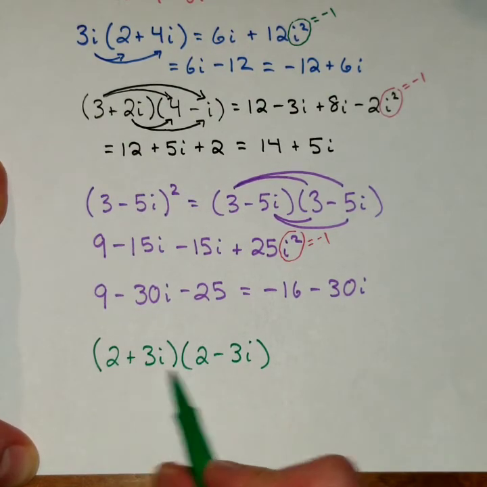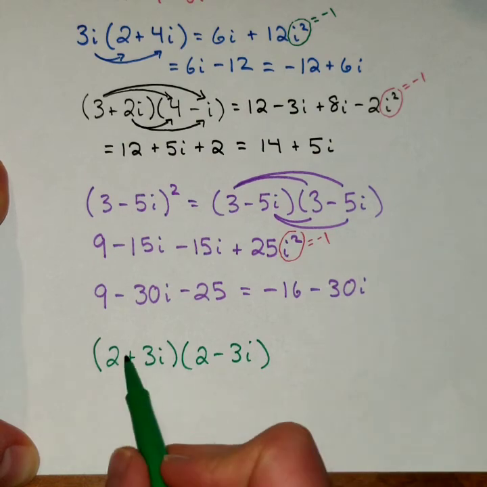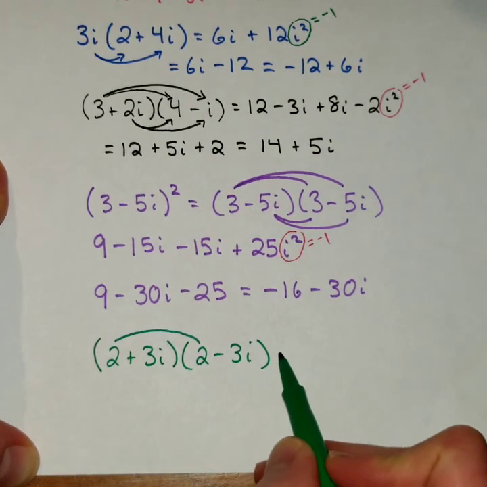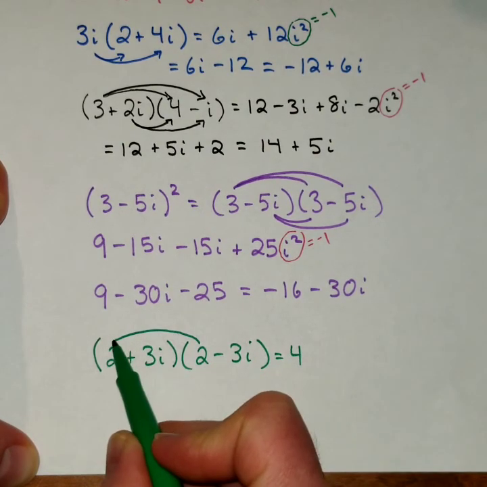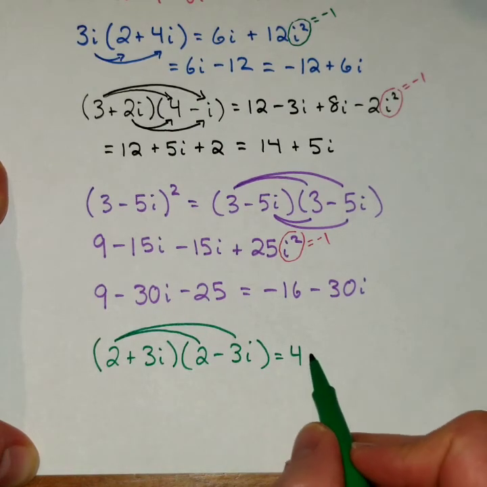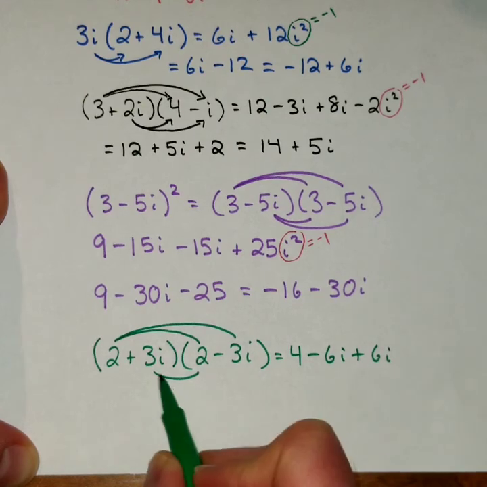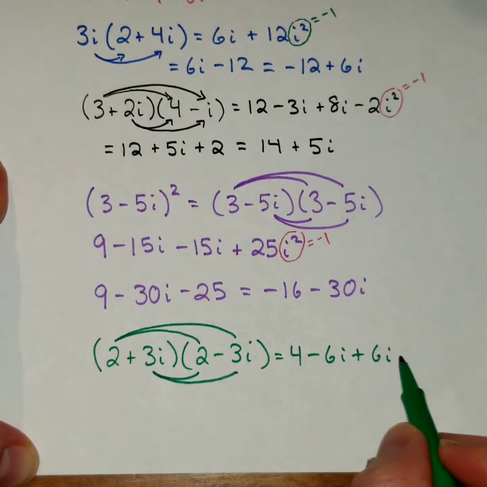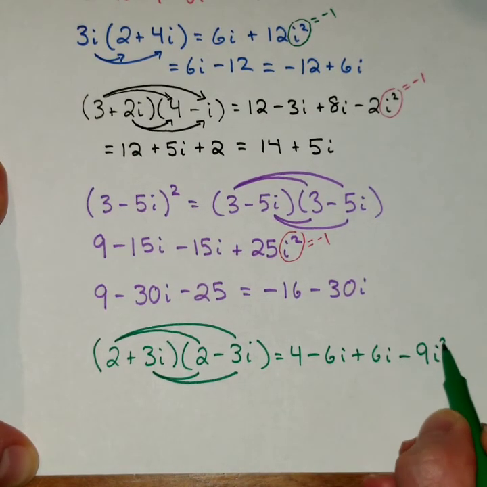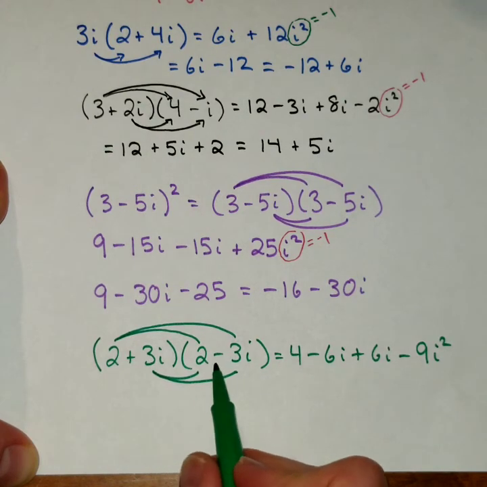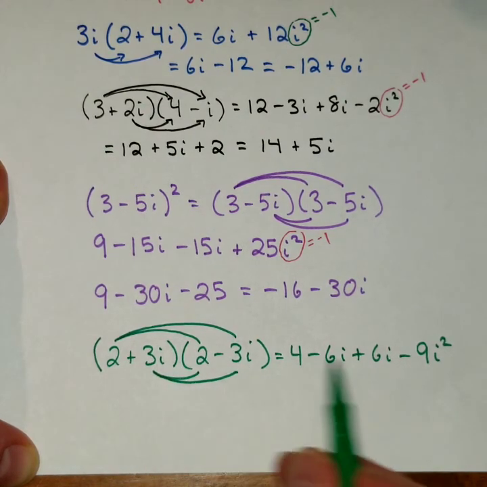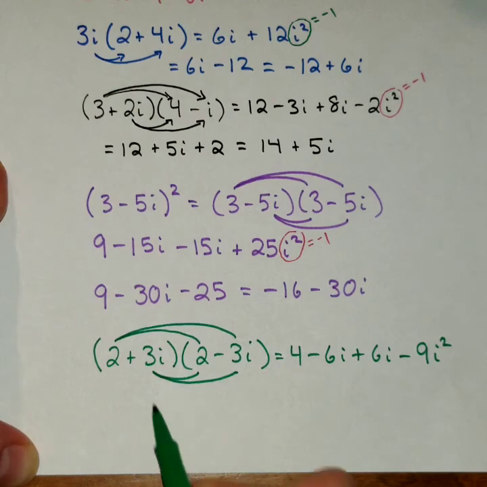And what's nice about this is that when you distribute here, you get 4, you get minus 6i, you get plus 6i, and then you get a minus 9i squared, right? Positive, negative makes negative, 3i and 3i make 9i squared.